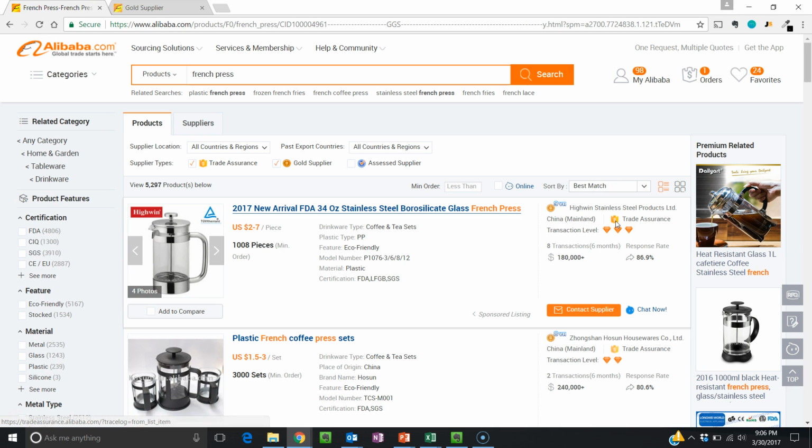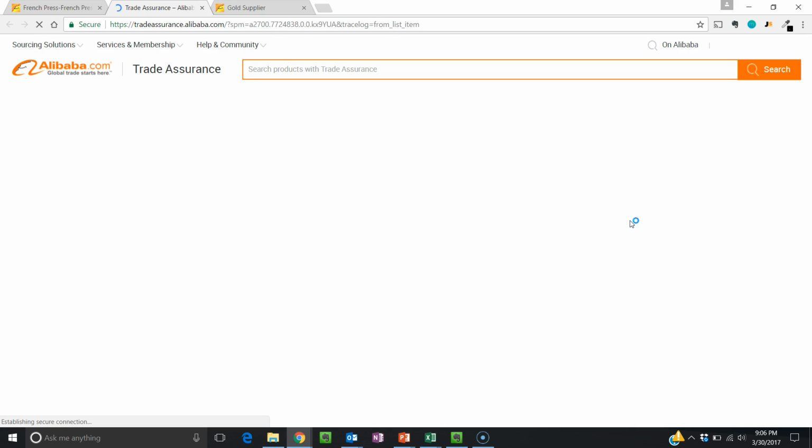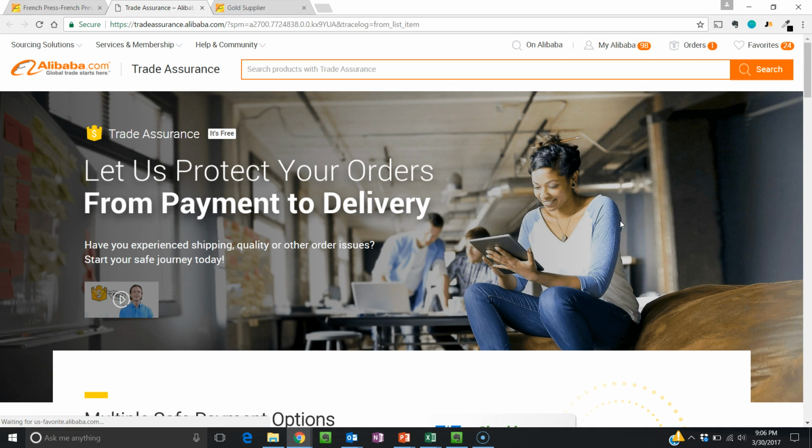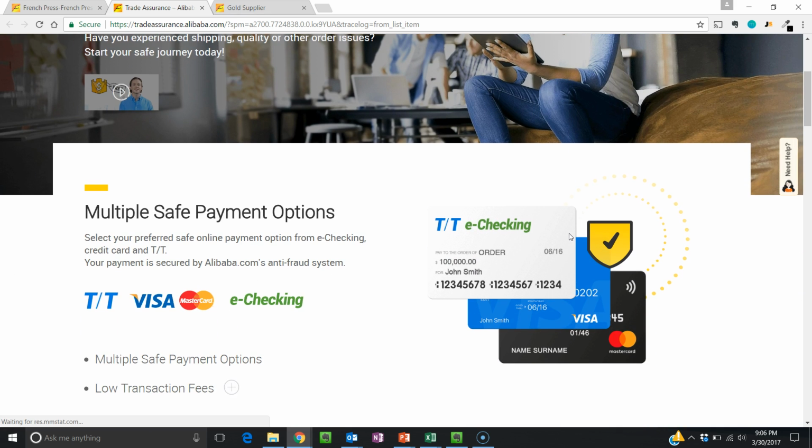Now, what is trade assurance? Trade assurance is basically a program where you pay Alibaba directly, almost like an escrow. The money goes to Alibaba, and then it goes to the supplier.